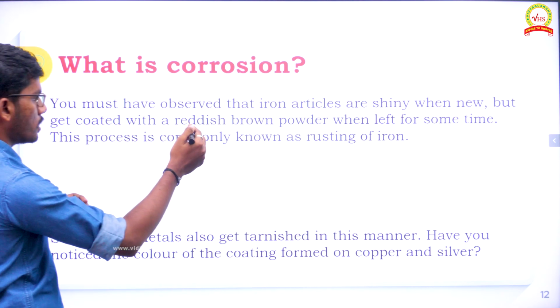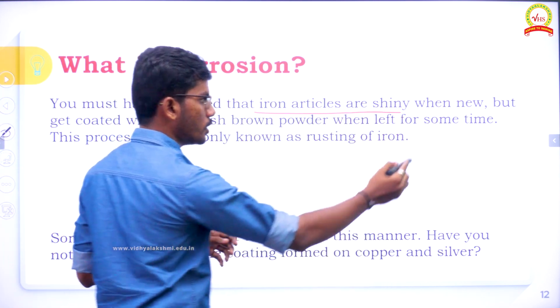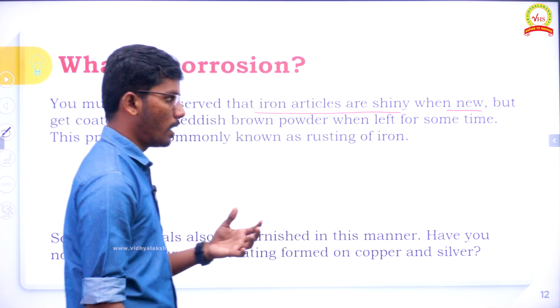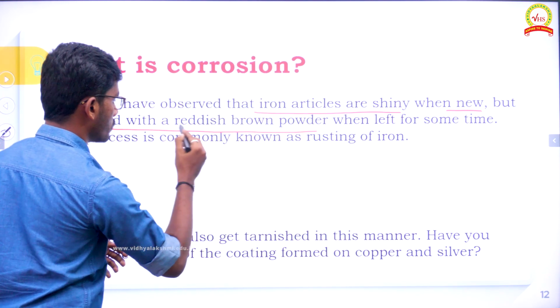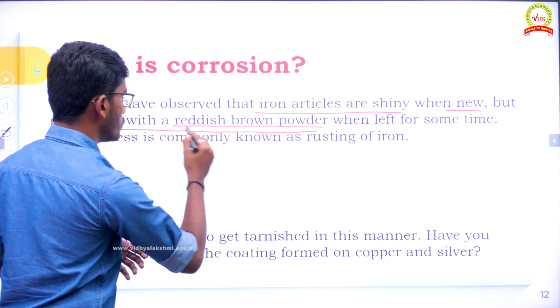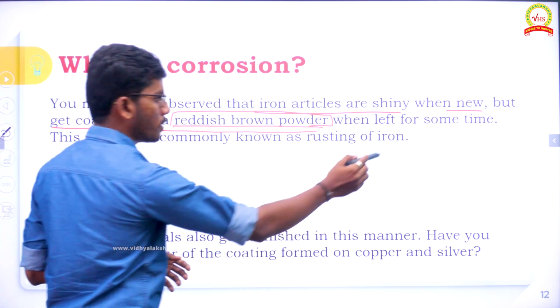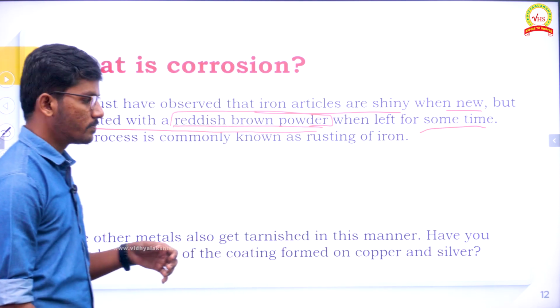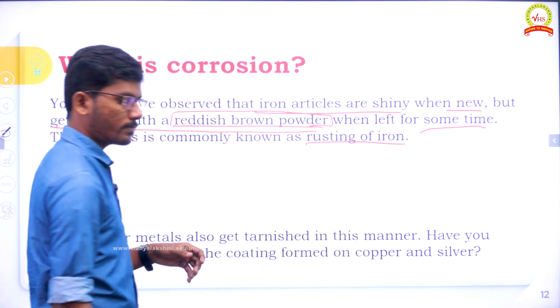You must have observed that iron particles are shiny when they are new and freshly prepared. But they get coated with a reddish brown powder. Just note this word. It coats with a reddish brown powder when it is left for some time in the outer atmosphere. This process we call rusting of iron.